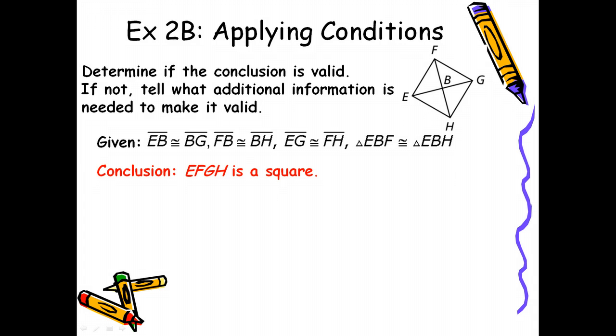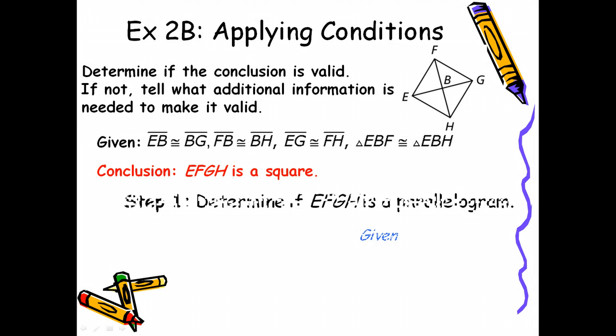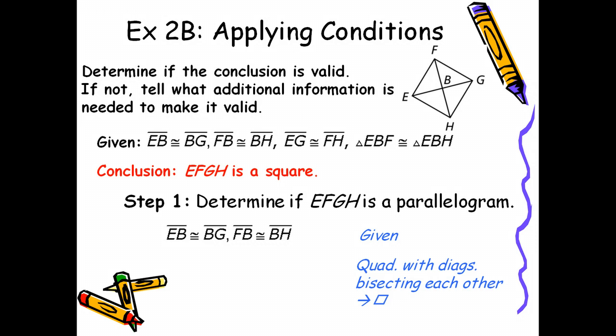Our conclusion is that EFGH is a square. Step 1, we want to know if it's a parallelogram or not. We're given EB is congruent to BG and FB is congruent to BH. Quadrilaterals with diagonals bisecting each other are parallelograms. So EFGH is a parallelogram.